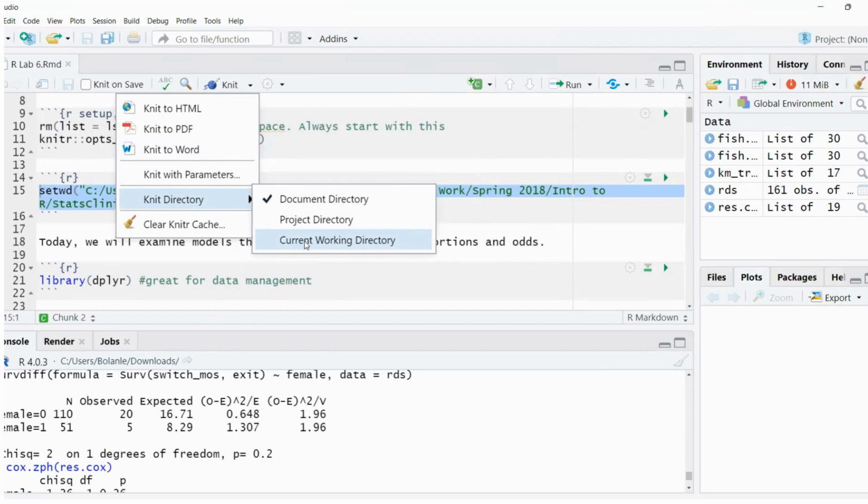Still, the system cannot find the file specified. While opening, the system cannot find.